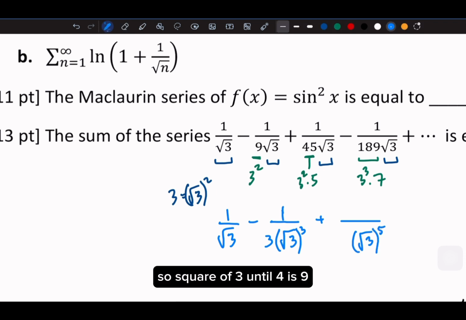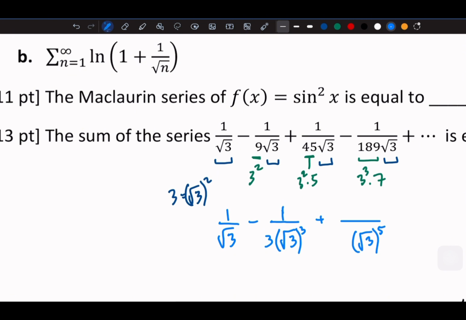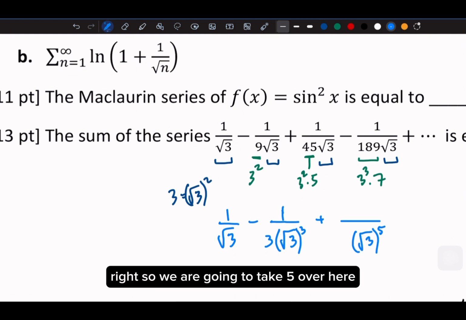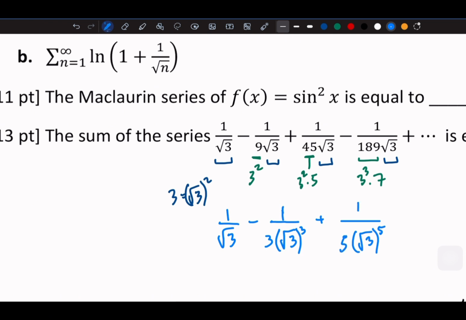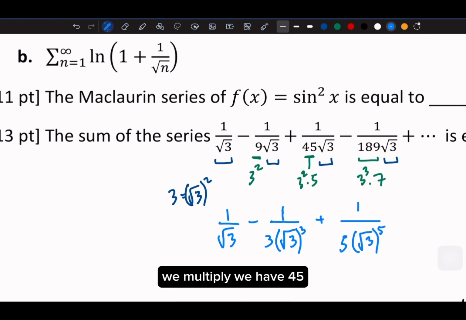So square root of 3 until 4 is 9. And then 9 square root of 3 to become 45, we need to multiply with 5. Right? So we are going to take 5 over here. So if we multiply, we have 45.